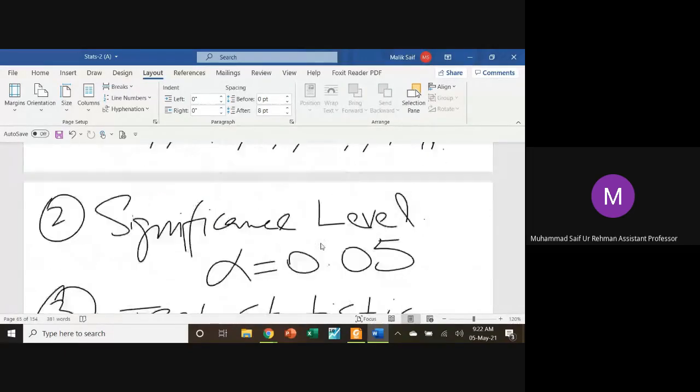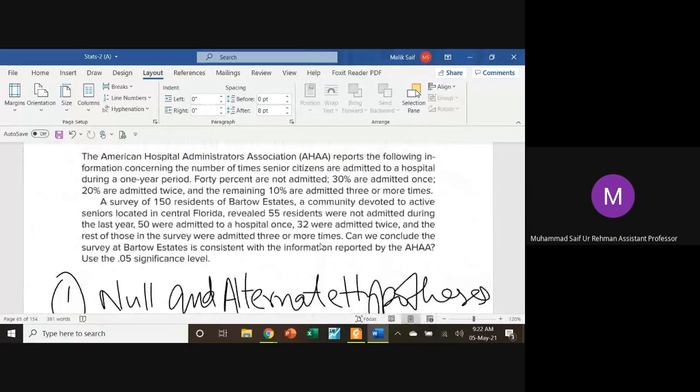Relative frequencies are given basically. I mean, relatively how many were admitted? 40% never admitted, 30% admitted once, 20% admitted twice. If you add these, 30 plus 20 plus 10 plus 40, the answer is 100%.